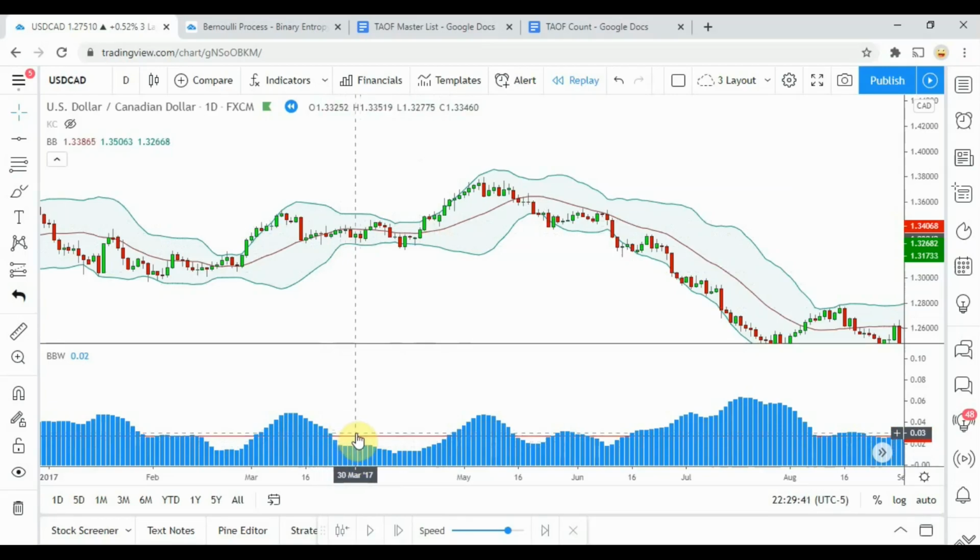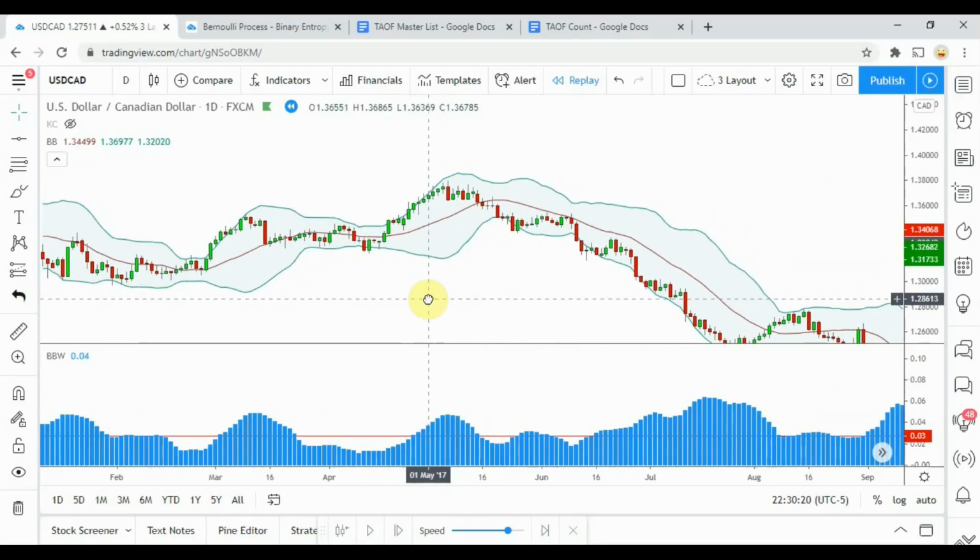And you can see down here that the columns are reading very low numerically on the chart. And then as the bands start to widen or spread apart, the columns start to rise. And these columns are indicating that we are seeing momentum coming into the market.